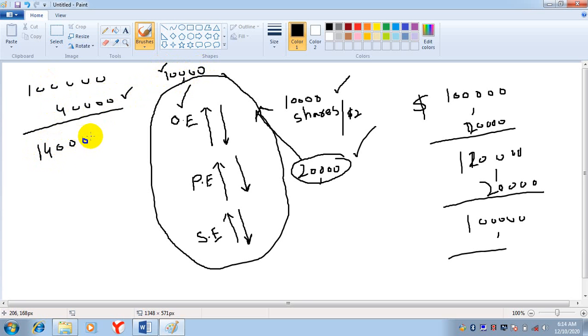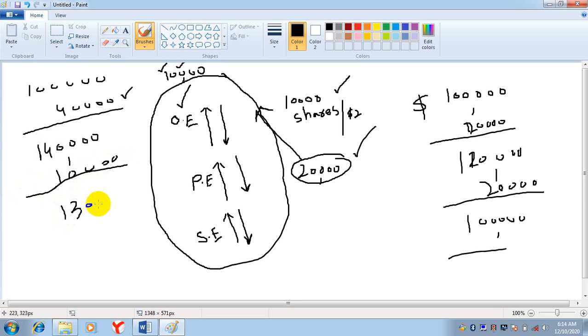But since 10,000 is paid back as a dividend, we deduct it from shareholders' equity, so 130,000 will be left.